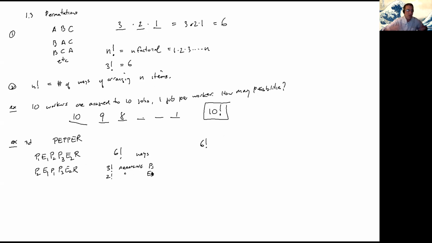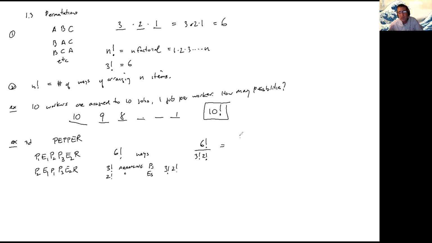So if we take that all together, there are 3 factorial times 2 factorial ways of arranging the P's and the E's, all of them. And so we have to identify those various arrangements, and the way you identify is by dividing out by them. So it's 6 factorial over 3 factorial times 2 factorial. That's the answer to this problem.